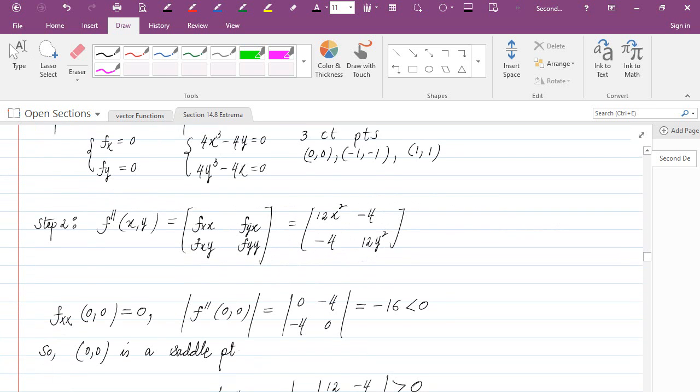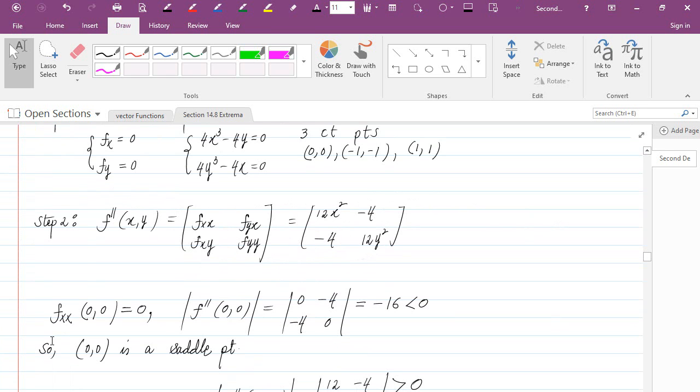Now let's pick the critical point (0, 0). At the critical point (0, 0), what is fxx? Well, fxx is this quantity right here, and at (0, 0) it is 0.